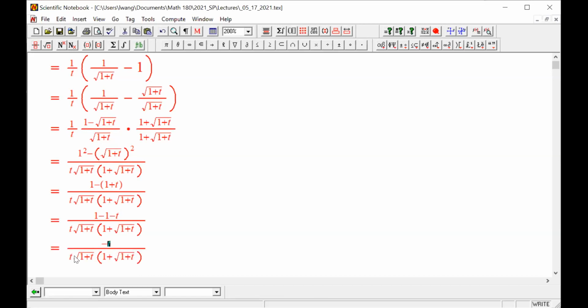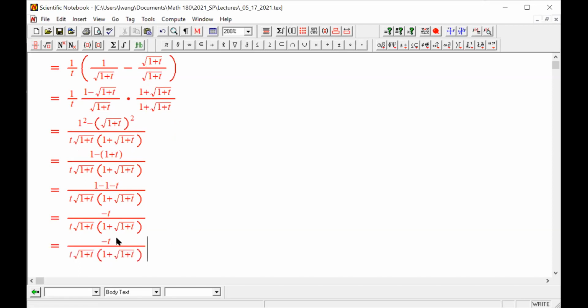And this t and that t will reduce. So this is going to be negative 1, and this is going to be the final answer. You're done for this class. Not for calculus class. For calculus class, it depends on the situation. You might have to take a limit or do whatever. Most likely you're going to be taking a limit.